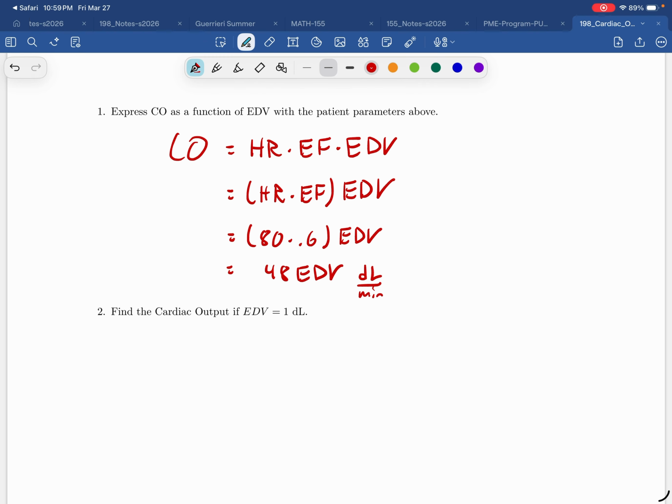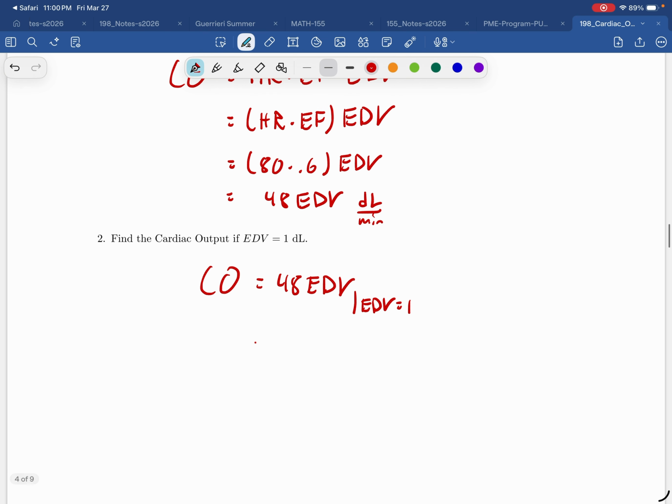So now if we look at the cardiac output for EDV equals 1, we just get 48. And again, our units are deciliters per minute.